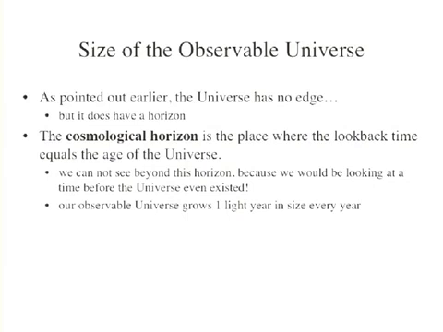Out here, they're younger still, until you get so far away that you're looking at them when they were born. And that's how far you can see: to the beginning. Now, that is basically the basic idea of cosmology. What are we trying to see?